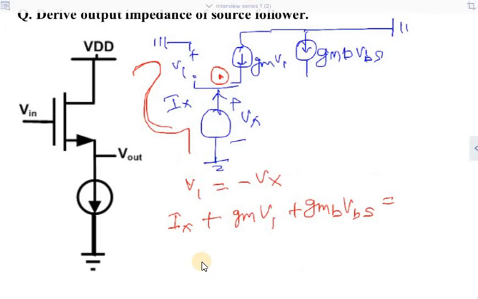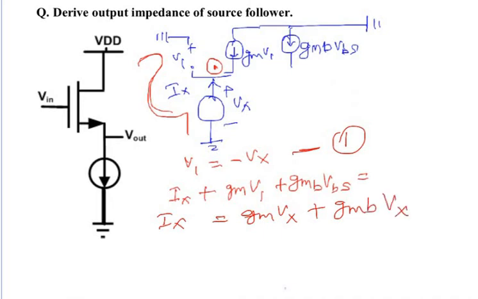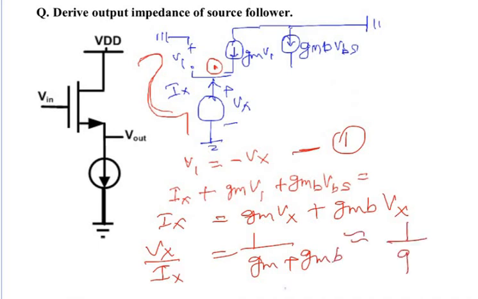Now put the value of V1 from equation 1. So Ix will be equal to gm Vx plus gmb Vx, and Vx by Ix will be equal to 1 by (gm plus gmb), or if you approximate this, it is almost equal to 1 by gm.